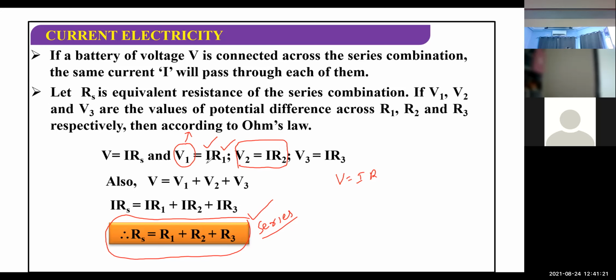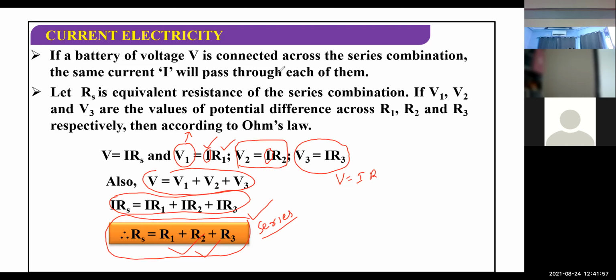We take the same current I, not I1, I2, I3, because the same current flows in series combination. So V3 is equal to I into R3. If you put all these values in the equation and cancel the I from the left hand side and right hand side, you get the total resistance R1 plus R2 plus R3.